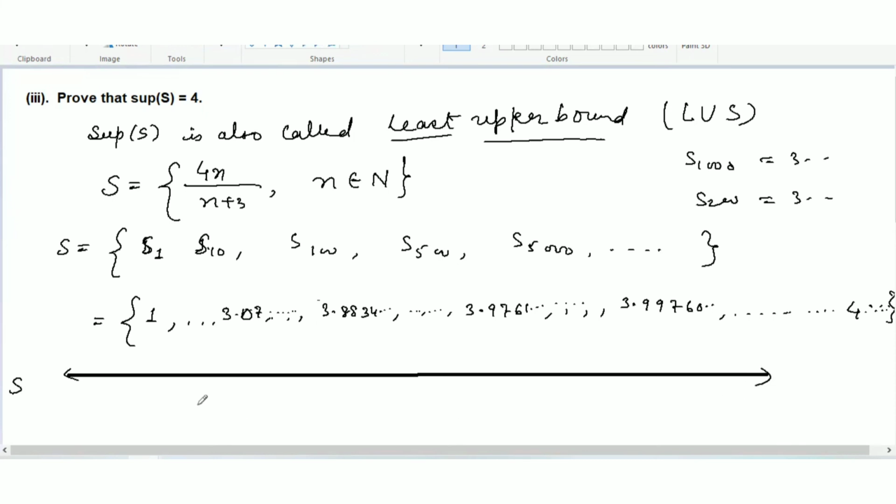Let's take here 1, 2, 3, 4, 5. So this is 3. S10 is 3.07, so here is S10.